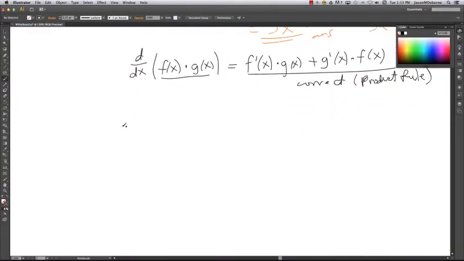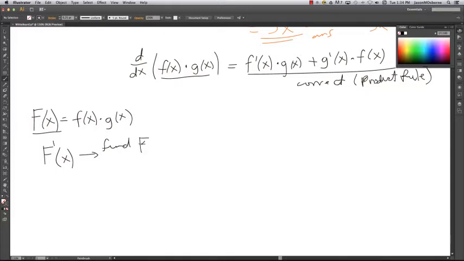So this works out in a pretty straightforward manner. Let's show why the product rule is what it is. Say you have a function capital F of x equal to f of x times g of x. If you want to find its derivative, F prime of x, you need to find F of x plus h, and then look at whatever is in front of the h.